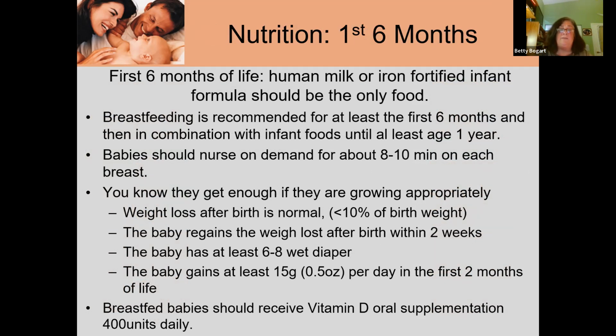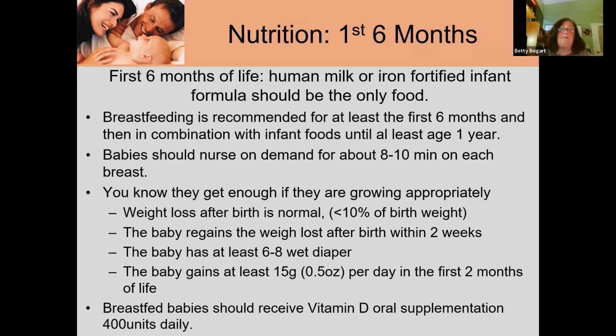After 6 months is when we start to introduce foods. They'll start introducing cereals, iron fortified cereals, and fruits and vegetables, but they will wait 3 to 4 days in between every single introduction. So we just put in cereal, we wait 3 to 4 days, making sure this infant is not going to have an allergic reaction to it.